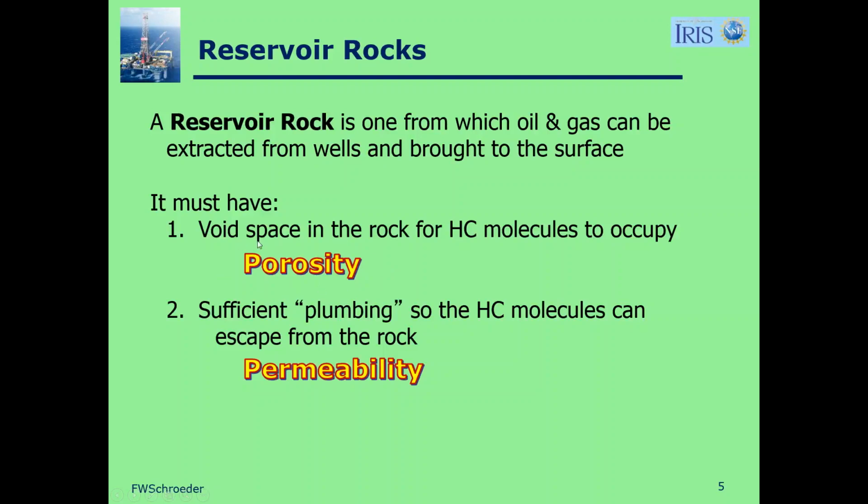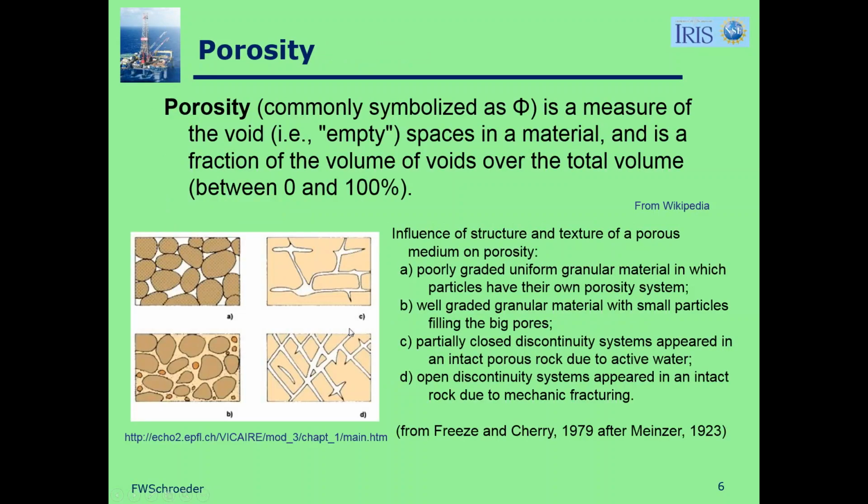One is porosity, which is the void space between the rock grains, and that's where the fluids or gas will live. And then we need sufficient plumbing so that the hydrocarbons can escape from the rock, and that's what we call permeability. So porosity, you can think of the pores. Permeability, you can think of how connected or not the pores are.